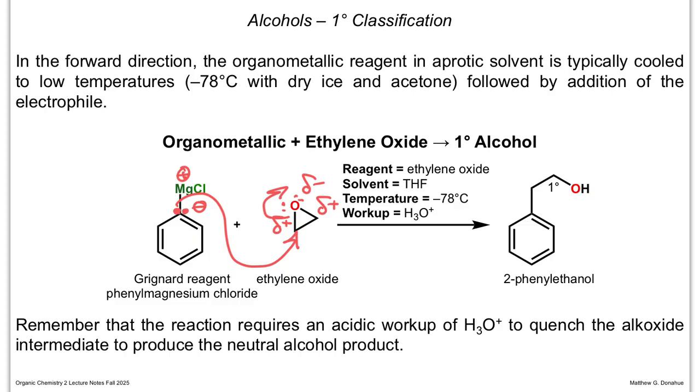So we would monitor this by TLC to see eventually, okay, things have changed enough. I don't see any more conversion. So now I'm going to adjust the pH during the workup by adding acid to get that H of the alcohol.